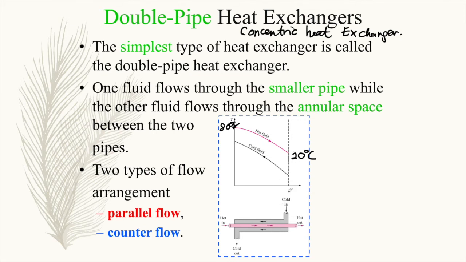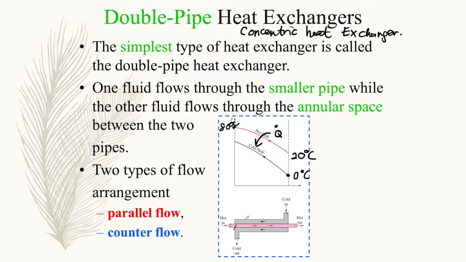For the cold fluid, here is the inlet of the cold fluid, and maybe we insert it at 0 degrees Celsius, for example, and then it will increase in temperature because there is exchange of heat, or exchange of energy, inside.